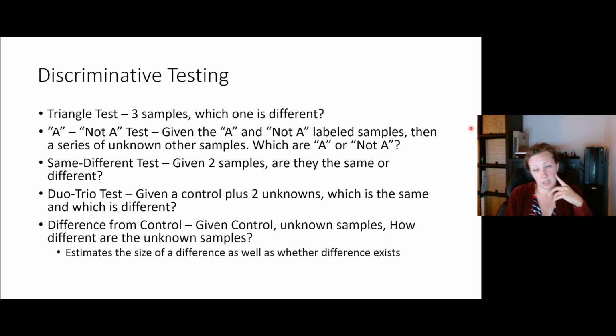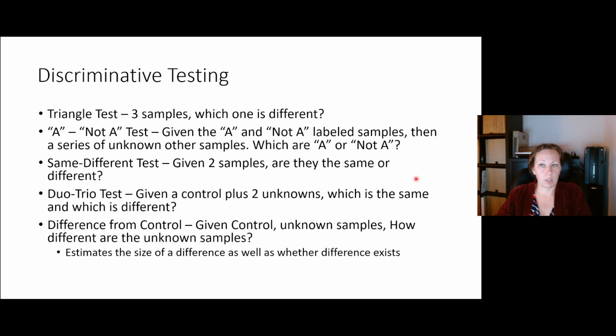Your chances of guessing that right is only 33%. And so this triangle test has much more statistical power than the same different test. Okay, I can have fewer panelists on this and be able to learn more about which one is actually different than I can with the same different test.